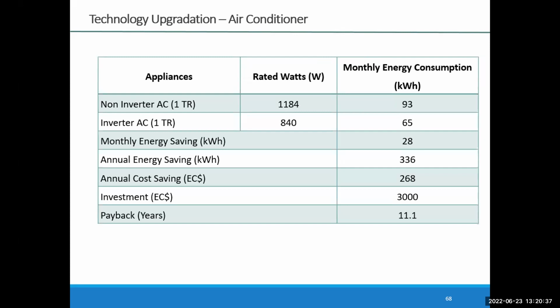So this example helps us understand that if you are using only minimum operating hours in a particular month, and you replace that air conditioning unit with a very high cost energy efficient inverter driven unit, your payback period goes very high. That means your energy cost savings recovered is going up to 11 years.